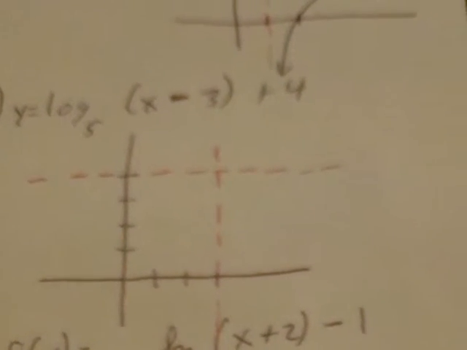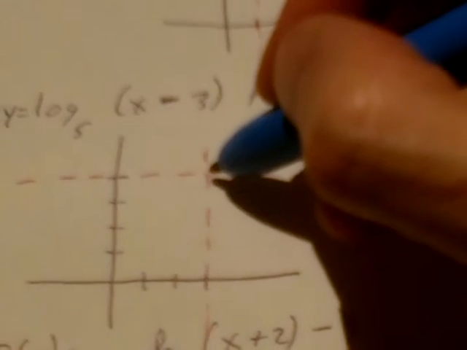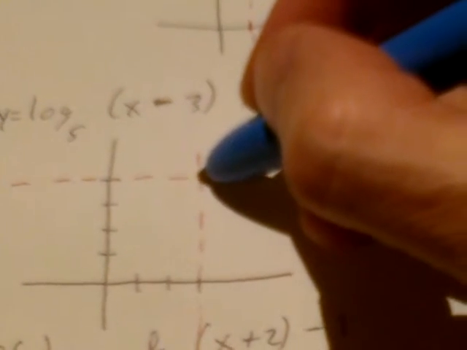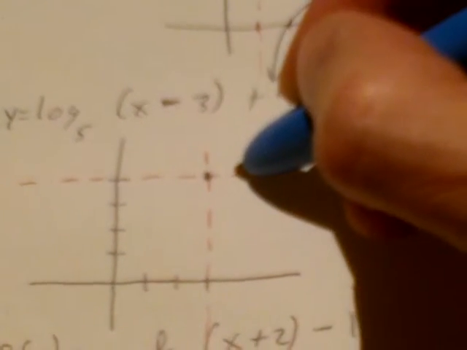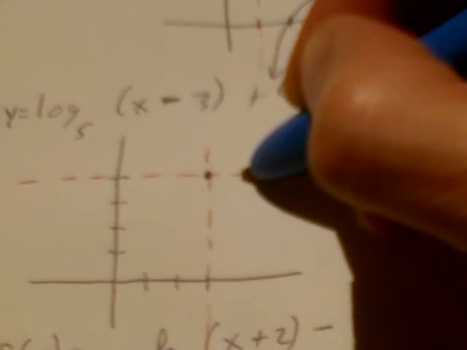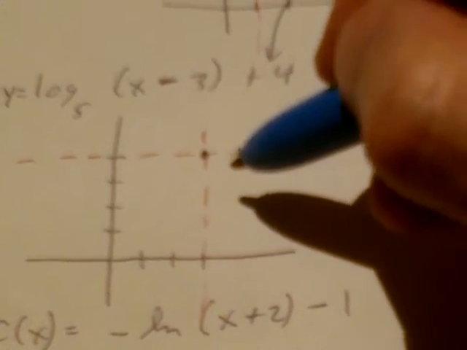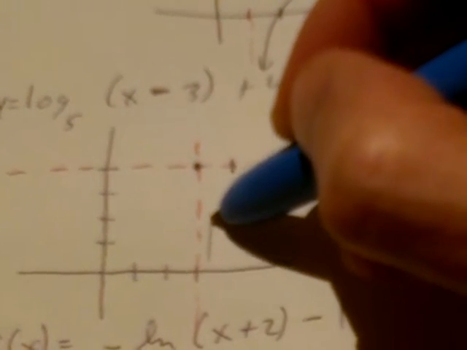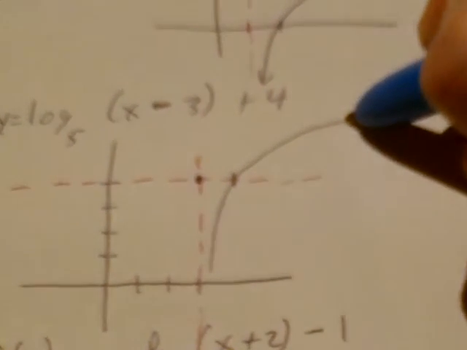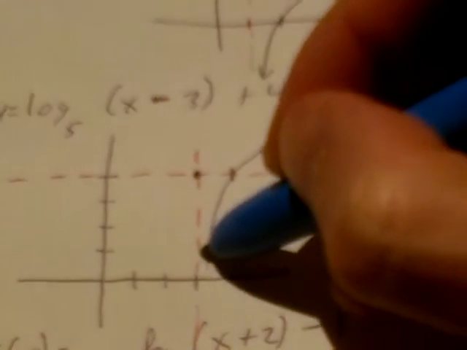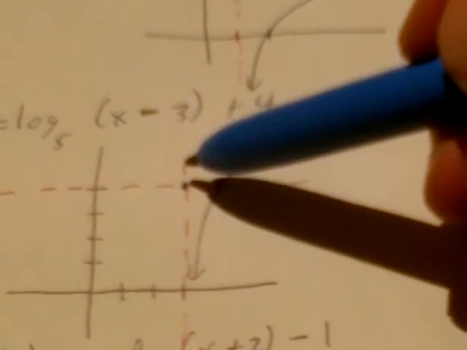And then I just draw in my graph in the same basic shape. And so from the origin, which our new origin is right here, we go over one space, because that's where our graph always crosses the x-axis, whether it's the new one or the old one. And we go with our asymptotic approach to the y-axis, and we draw the rest of our graph. And there it is. It's just the same graph, moved over to the right 3 and up 4.